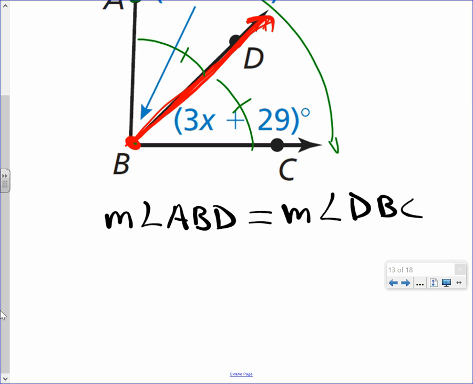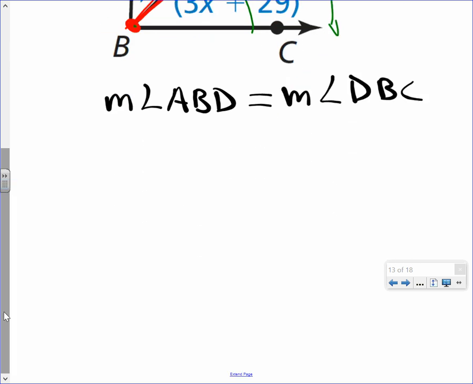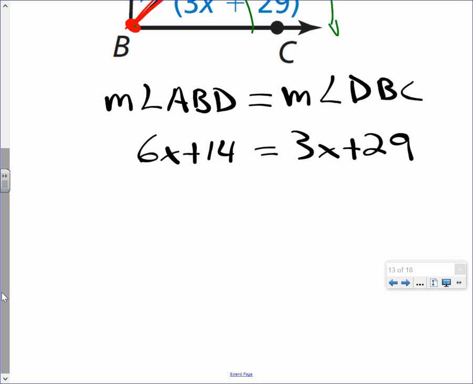Let's plug and chug. 6x plus 14 is 3x plus 29. I would recommend and encourage you guys to start replacing the word equal with the word is.